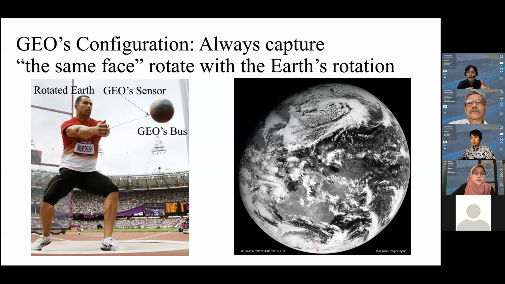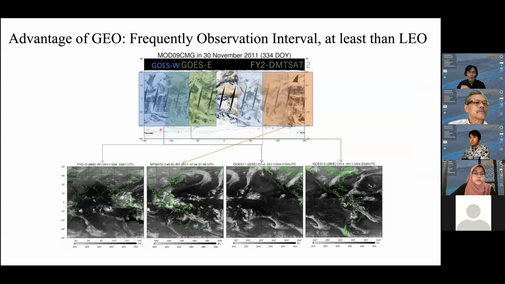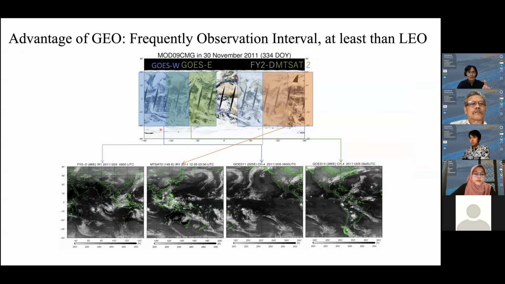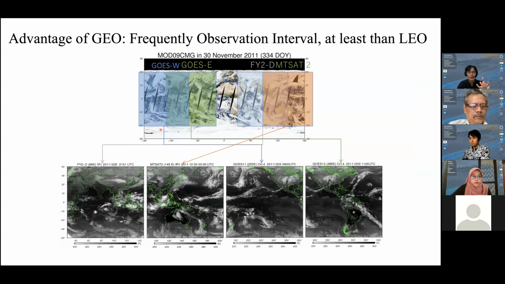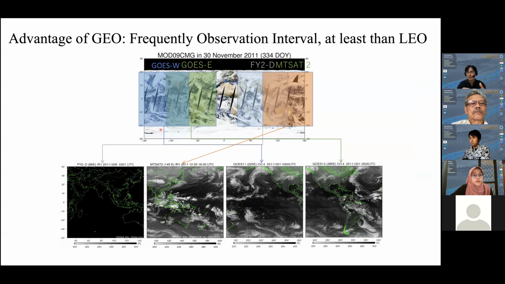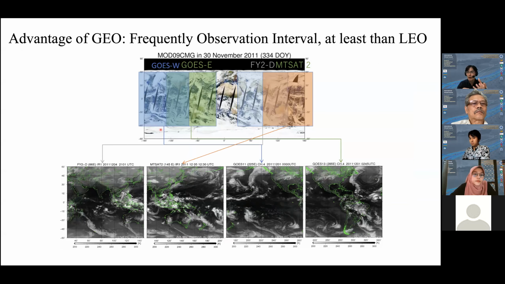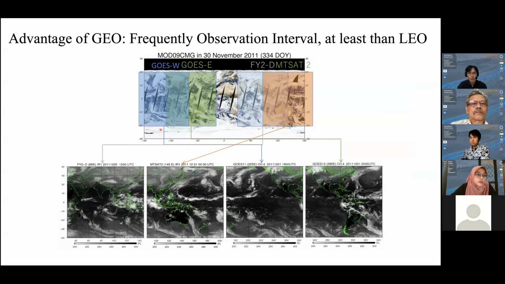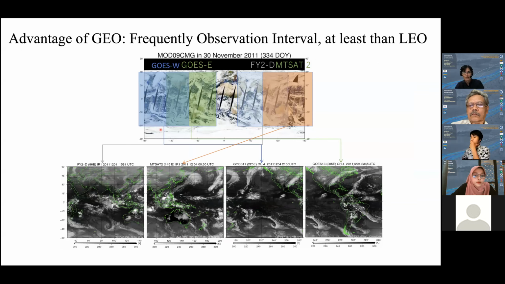So what is the advantage compared with the low elevation satellite? One advantage of the geostationary satellite is the increased frequency of observation intervals, at least once every 3 hours. This is a movie captured from 4 geostationary satellites' data.